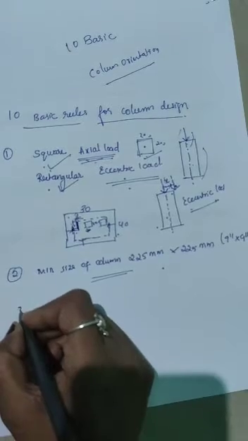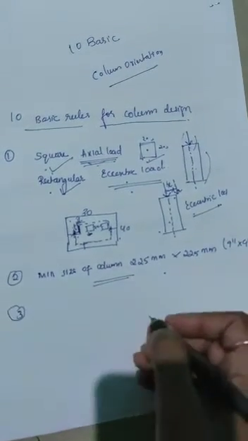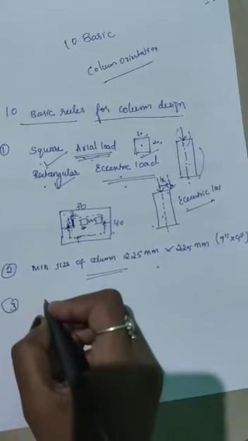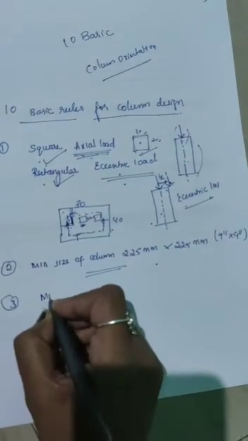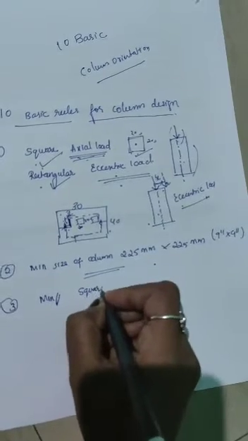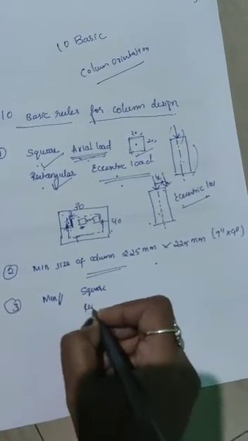So let us come to the third point, that is longitudinal bars. How many minimum longitudinal bars do we need to select for a square column and a rectangular column?